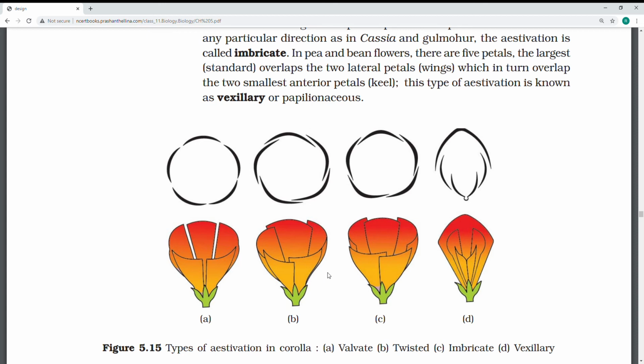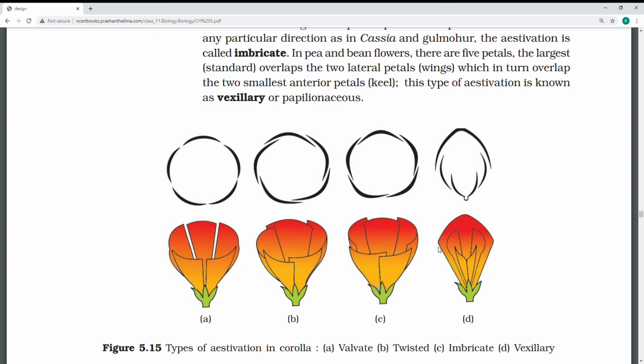See the diagram. This one is outside, one is outside, one is inside, all others are like twisted aestivation. So how will you define this? Margins of sepals or petals overlap one another but not in a particular direction. It is in different directions.